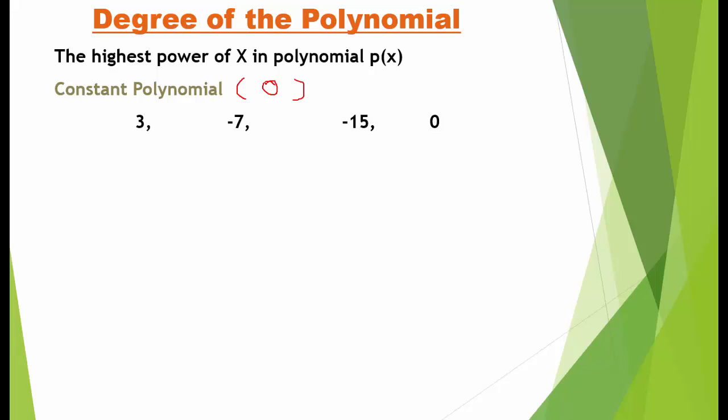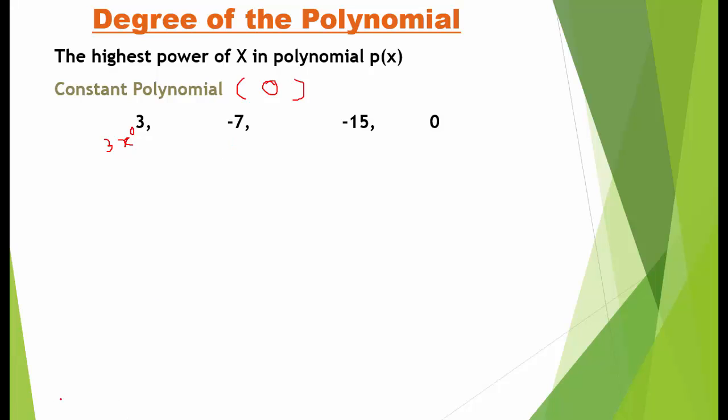Means the degree of the variable is 0. If I am writing here 3x raised to power 0, this means x raised to power 0 is 1, so this is 3. Similarly, this is also written as minus 7x raised to power 0. So constant polynomial is that polynomial whose degree is 0.